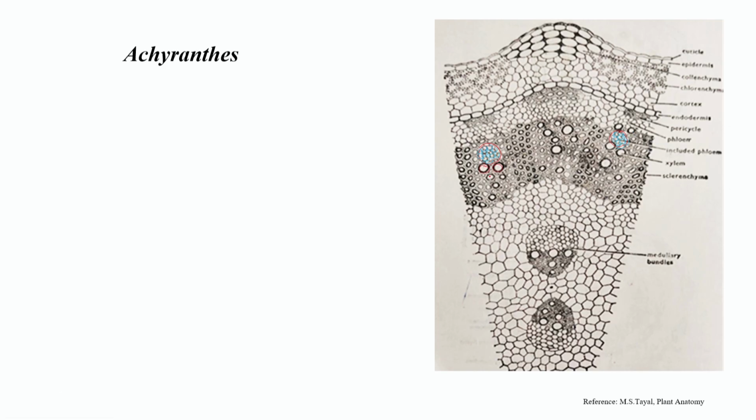Then you will have xylem, vessels are there, and this is the sclerenchymatous layer, the sclerenchyma, which is the conjunctive tissue. In the medullary bundles you can easily see xylem is on the lower side and phloem is on the outer side.